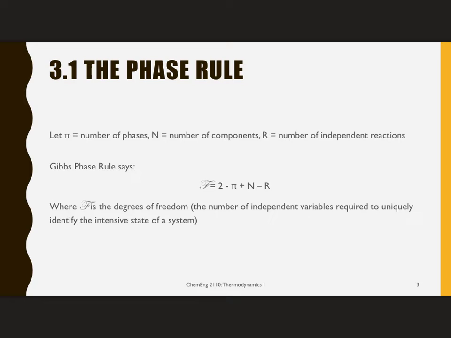So n is 1, R is 0, therefore the degrees of freedom will be 3 minus the number of phases. In this chapter, we're looking at single-phase systems, so with the number of phases 1, 3 minus 1 is 2. We will need 2 independent variables. We will be looking in the next chapter at multi-phase systems.